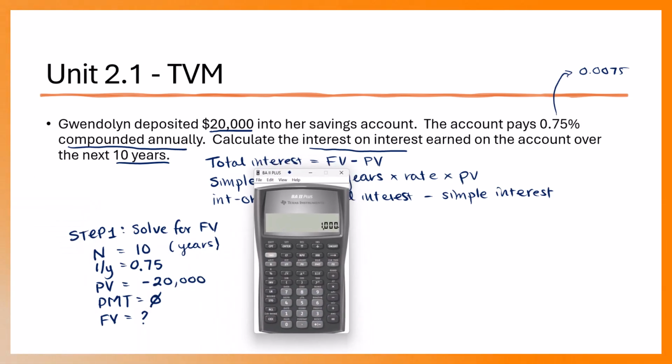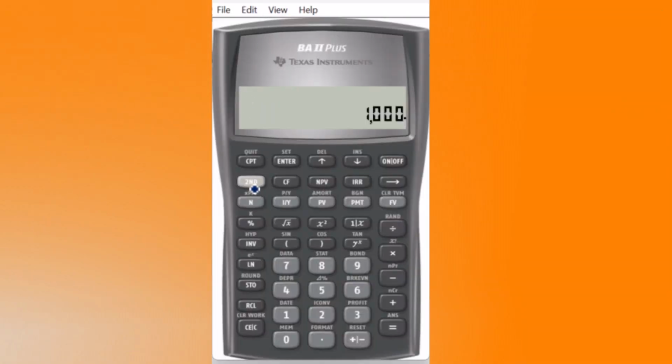What we're going to do is use our financial calculator. Step 1 in all time value of money problems is always clear your time value of money buttons. So hit the second button, hit FV. That will clear all 5 of the parameters and erase all the information stored in that part of the calculator. We'll hit 10 and N, 0.75 and I/Y.